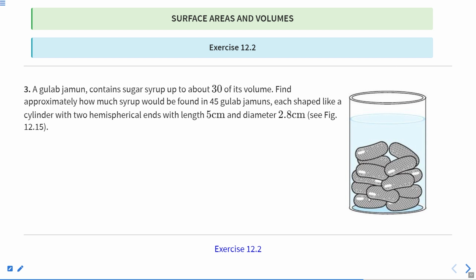You can see this figure. Here we have 45 gulab jamuns, and a gulab jamun contains sugar syrup up to about 30% of its volume. The length is 5 centimeter and the diameter is 2.8 centimeter.